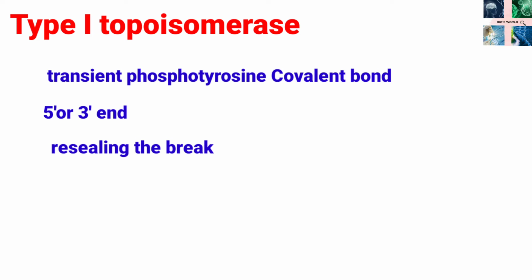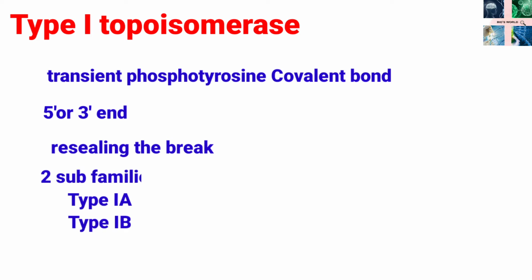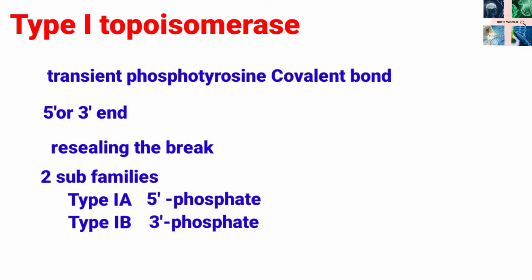These topoisomerases can be further divided into two subfamilies, that is type 1A and type 1B. Type 1A binds covalently with 5' phosphate, whereas type 1B binds covalently with 3' phosphate.